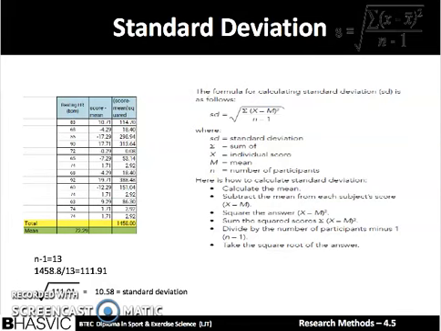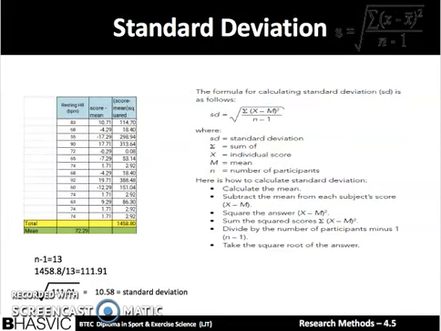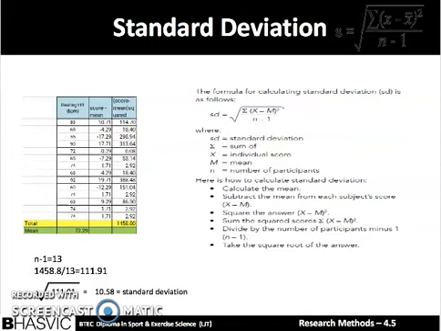The most important one is the total of score minus mean squared, which was 1458.80. This is shown in the highlighted yellow row, and obviously the mean that we've been using is highlighted in the green row as 72.29.